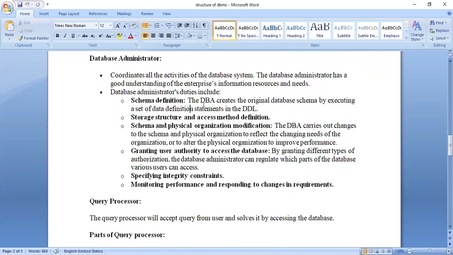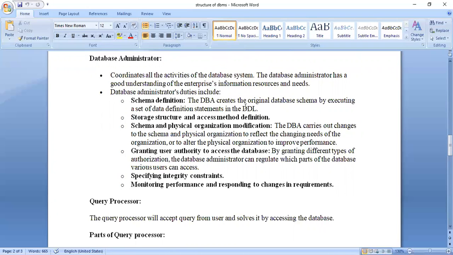So what does the DBA perform here? The database administrator, called DBA, creates the original database schema by executing a set of data definition statements in the DDL. If you remember, DDL is the data definition language, which is used to describe the schema of the database, yes or no?